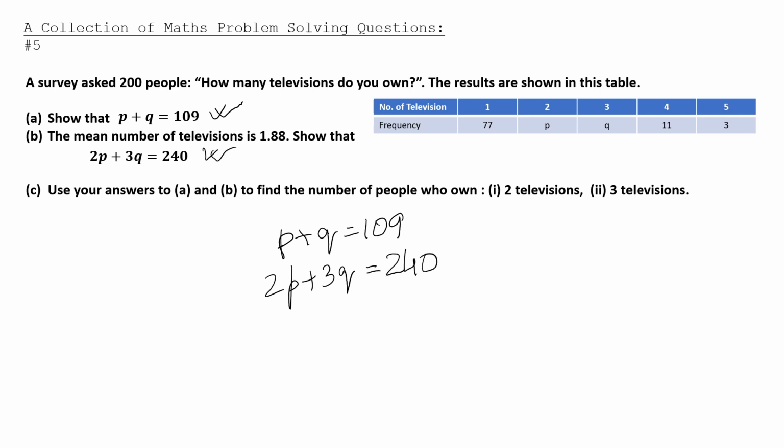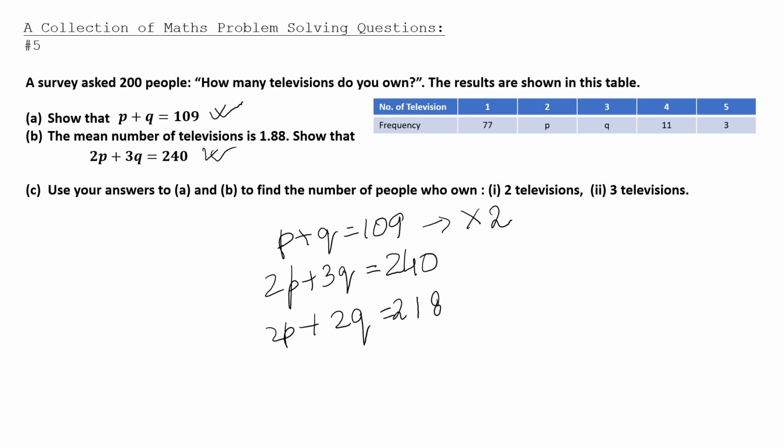We can do this with the first equation: if we multiply it by 2, we can rewrite it as 2P plus 2Q equals 109 times 2, which is 218.